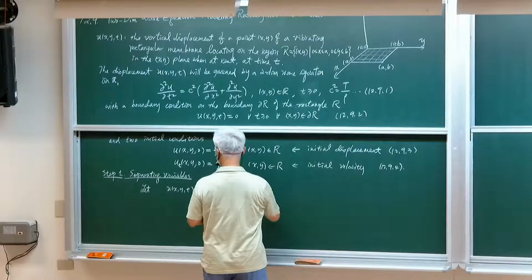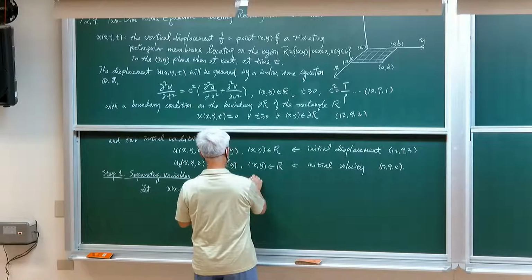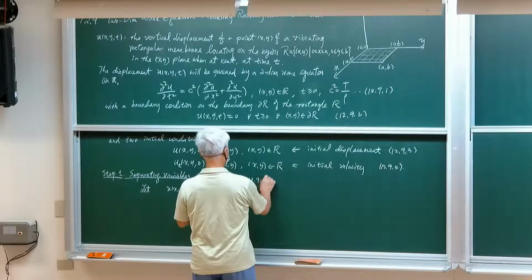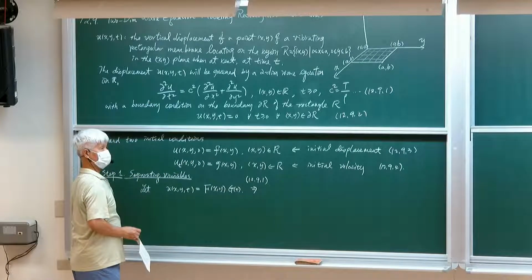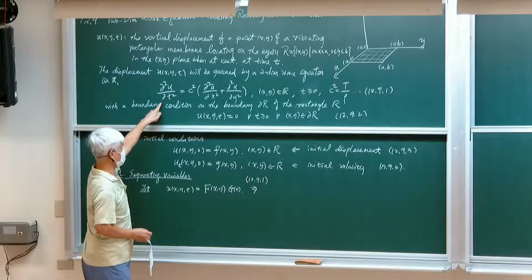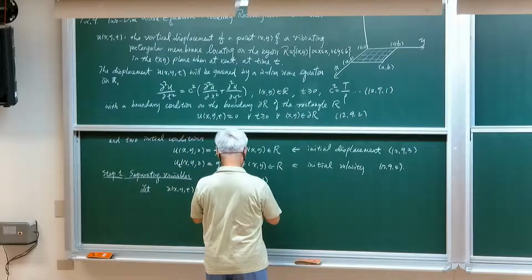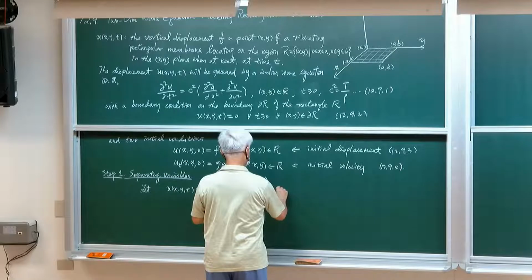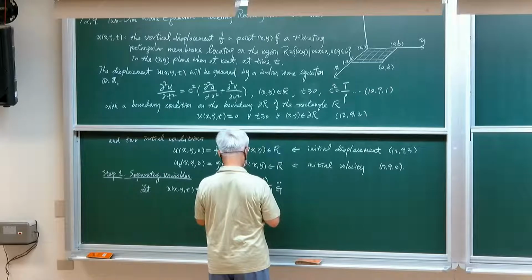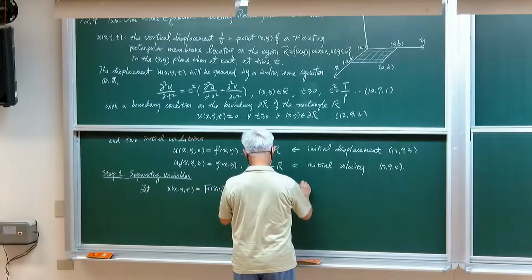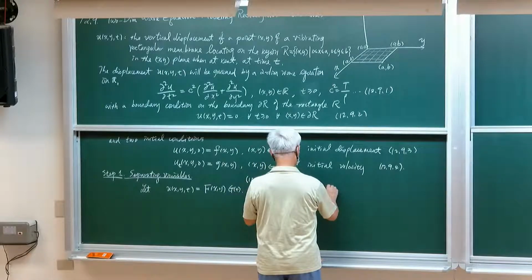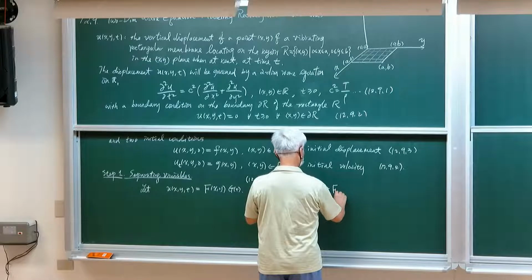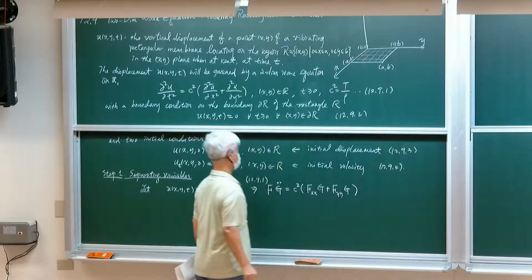So this implies that with 12.9.1, the second order partial derivative with respect to t becomes f times g double dot, equal to c squared times the Laplacian of f times g, that is, g times f xx plus f yy.